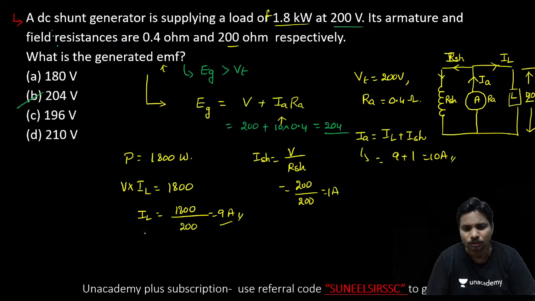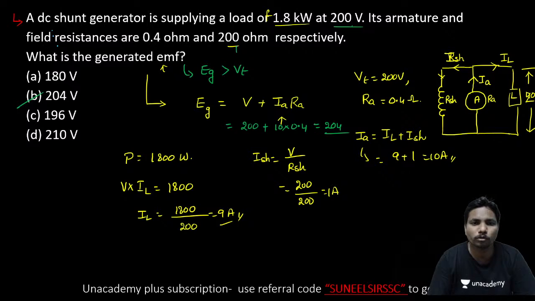No need to write all these in the examination. You can directly find out without using the pen also. Here it is 1.8 kilowatts and 200 volts, so you can get the current as 9 amps. They have given 200 ohms as the shunt resistance, so you are getting 1 amp.